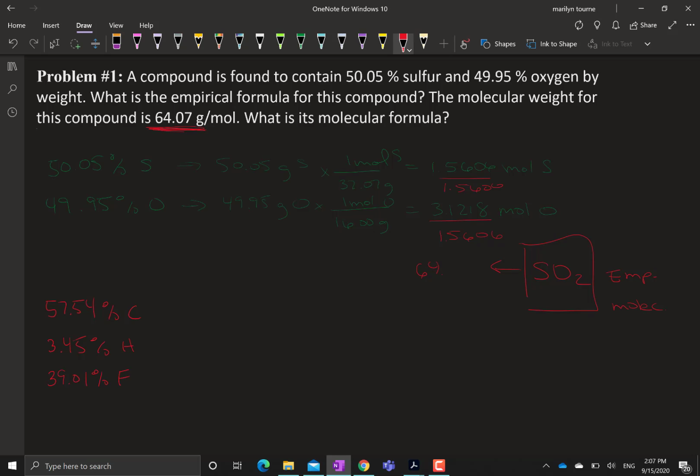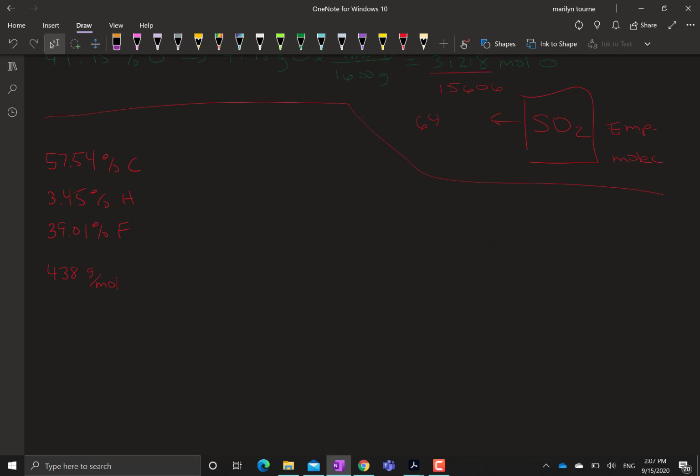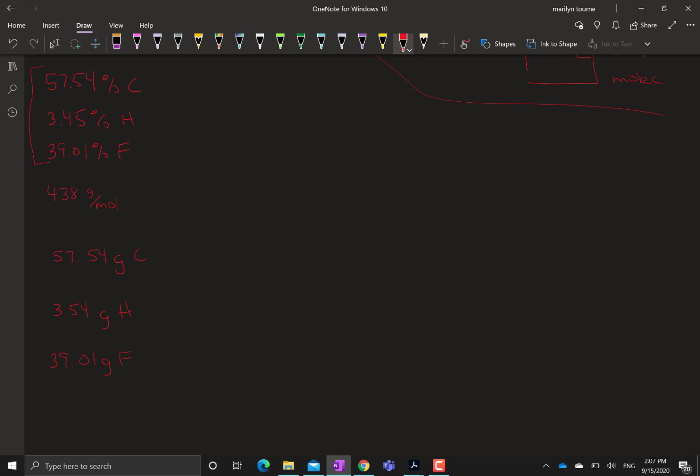I want to know what the empirical formula of this compound is. I would also like to know what the molecular formula is, given that its molecular formula weighs 438 grams per mole. The first thing I need to do is, I can't really work in percentages, so we're going to convert everybody to grams. The first step of this problem is to convert everybody to moles.